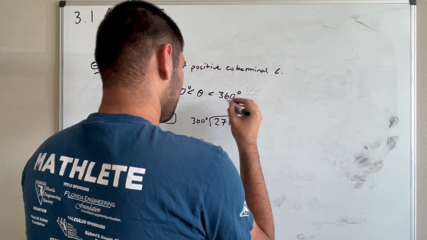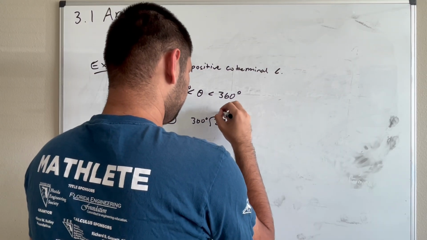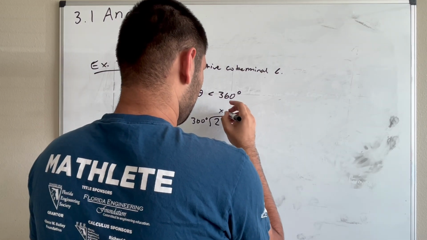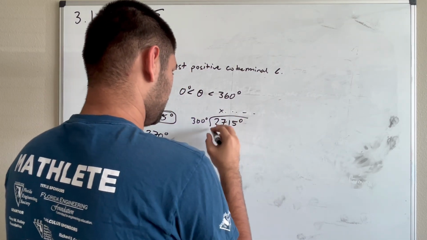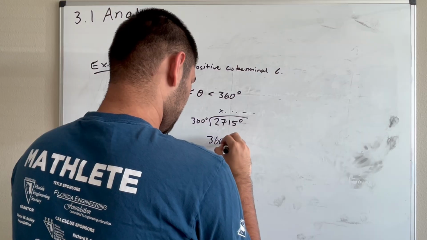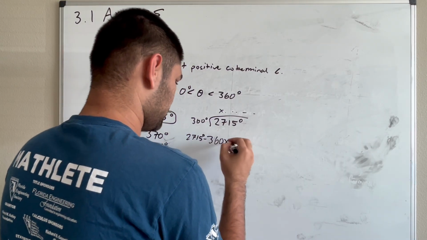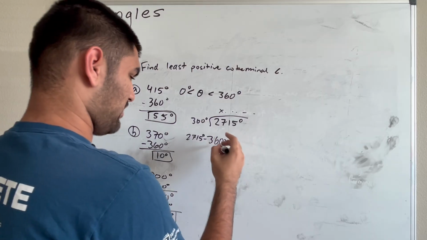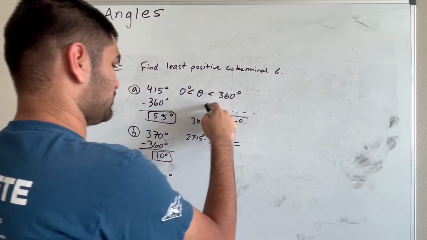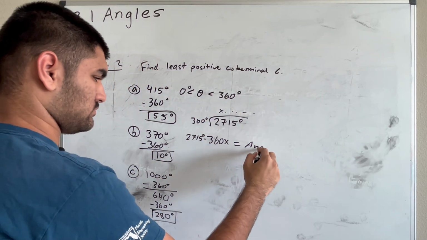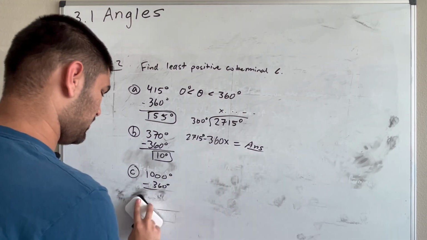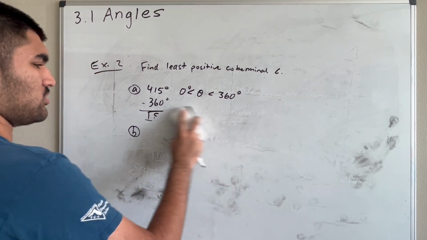It'll be some number with a decimal, right? So then you take the angle, 2715 degrees minus 360 degrees times x, whatever that is, and that should land in this range. That's equal to your answer. That's how you find coterminal angles.